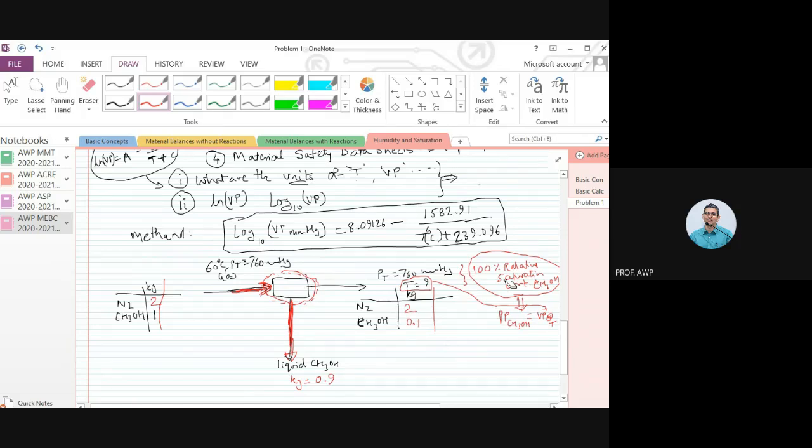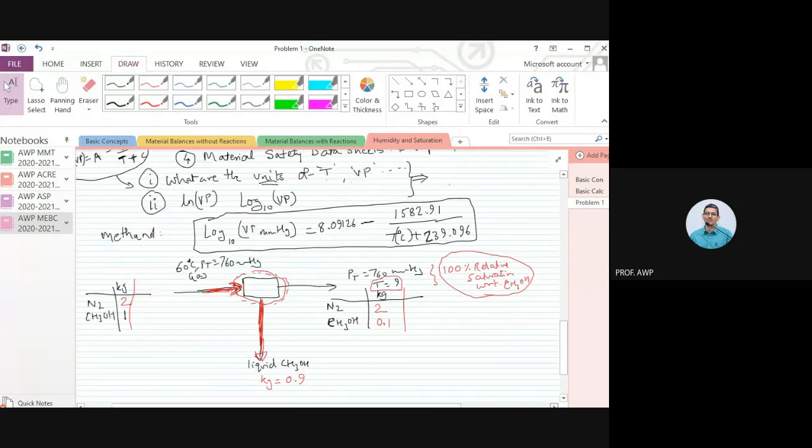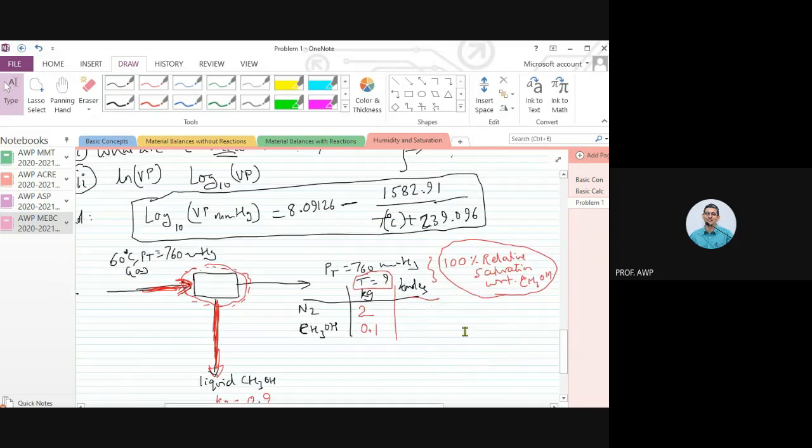So now we need to calculate partial pressure. If you have to calculate partial pressure, what do we need to calculate? Mole fraction, right? So I will need to convert this into kilomoles. 2 kg of nitrogen is how many kilomoles? 2 divided by 28, the molecular weight of nitrogen.